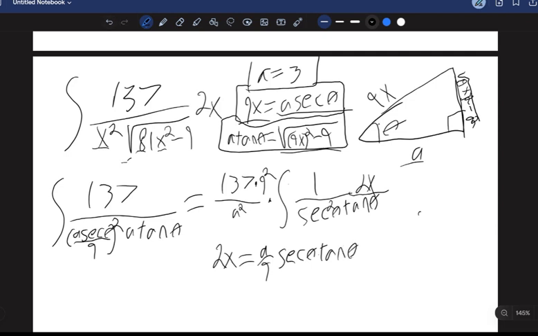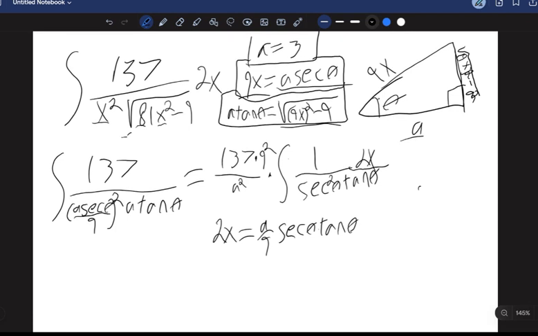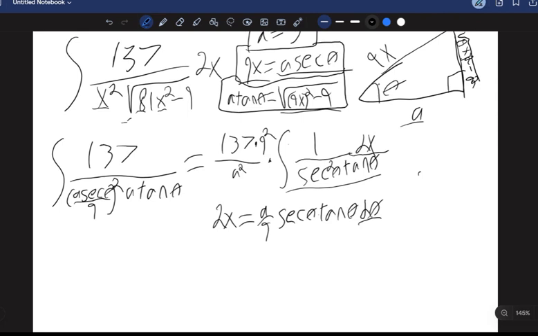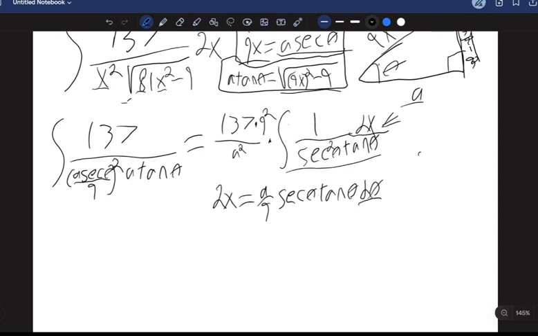What am I missing? What am I taking the derivative relative to? d theta. That's the whole reason we're doing this, because we need to take this integral with an integration variable of theta. So we substitute that in for dx here.